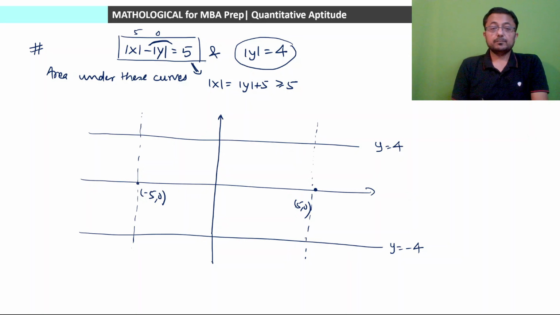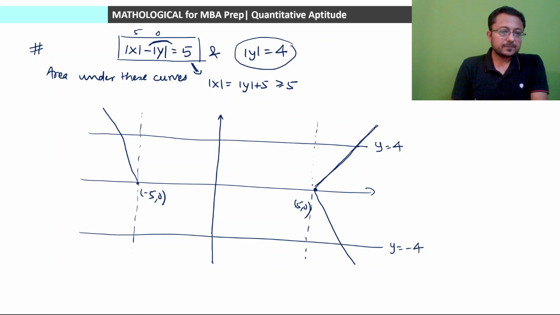Clear? And if you have seen the previous sessions, the graph of this will be shaped like this, because when both x and y are positive, the equation will be x minus y equal to 5, x equal to y plus 5, so this will be the line. Similarly, when x is positive and y is negative, this will be the line, by symmetry. Similarly for the other two regions.